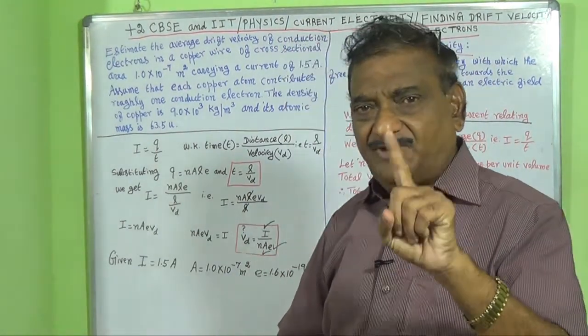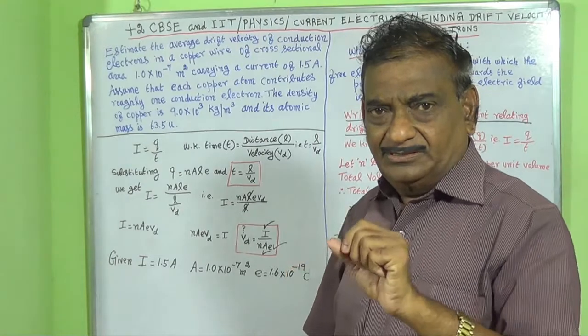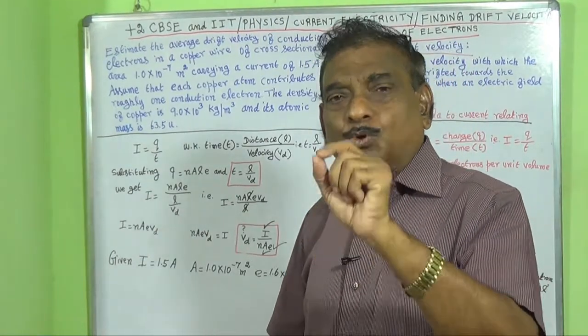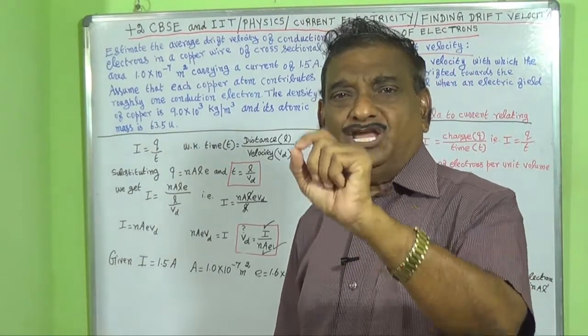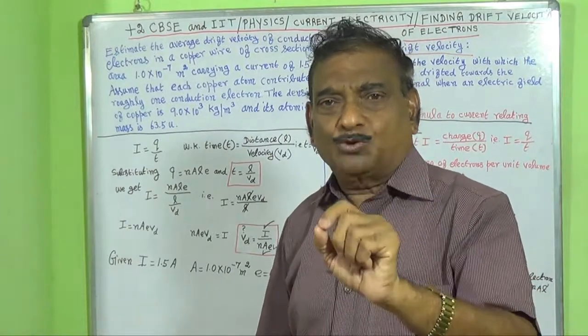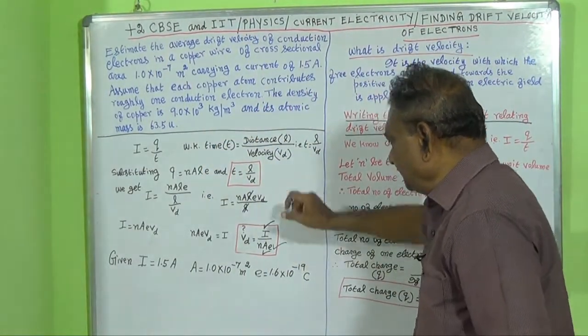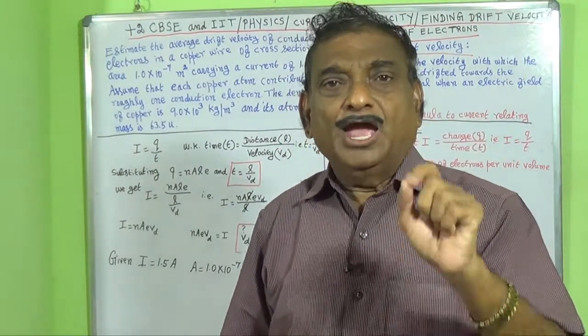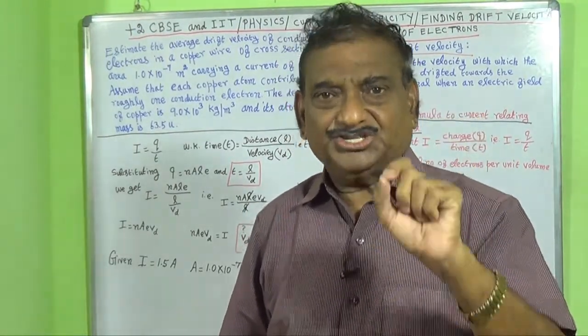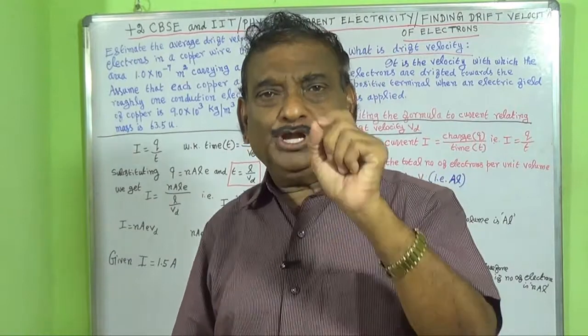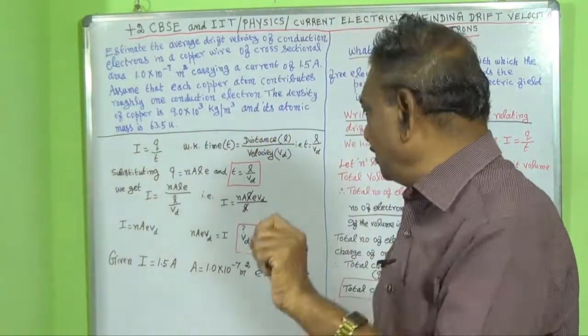The current is given in the sum. It is stated that 1.5 ampere current is flowing in the copper wire taken. So we can put the tick mark for the current. Cross-sectional area of the copper wire taken is stated as 1 into 10 to the power of -7 meter square.